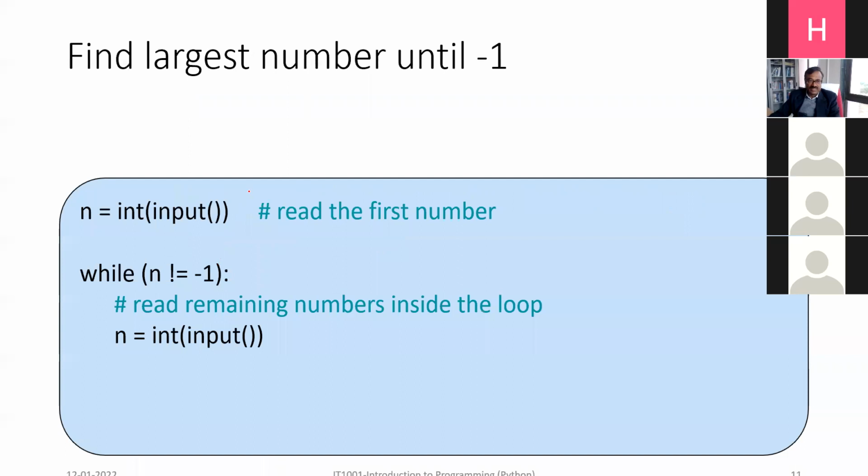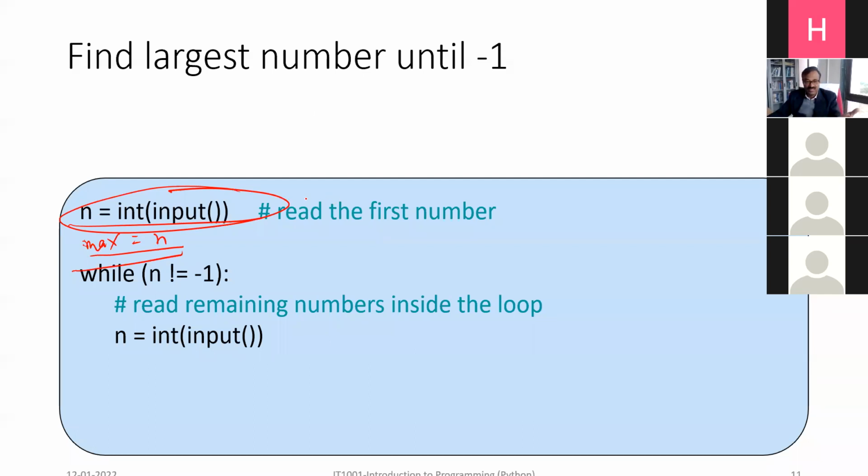Now this logic where we want to find out the max number. What I'm going to do is put one variable max here, and assign this as n. So what am I doing here? I'm taking a number, and additionally I'm also putting that as max, because whatever this number is, this is the first max number, right? If this is the first number, it is the max number.